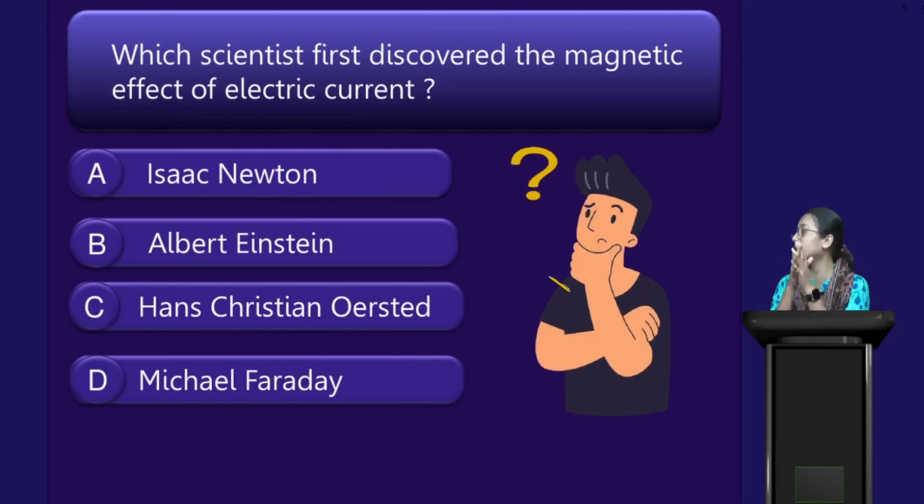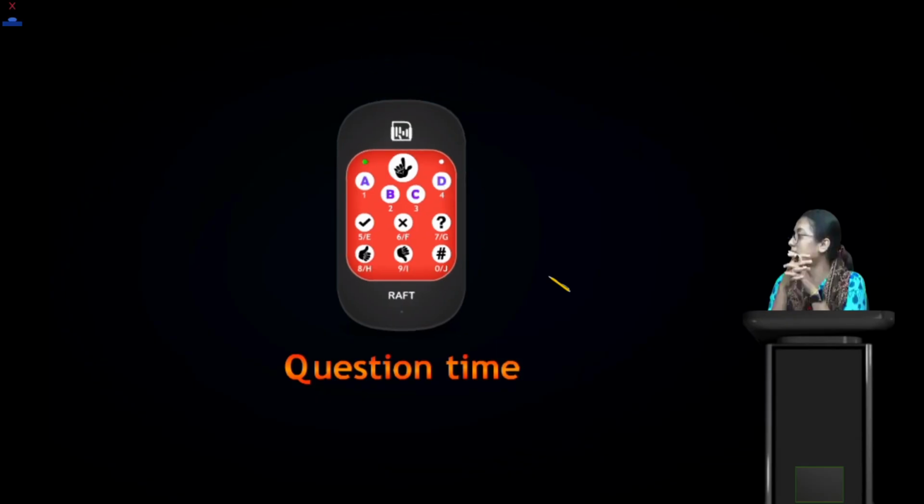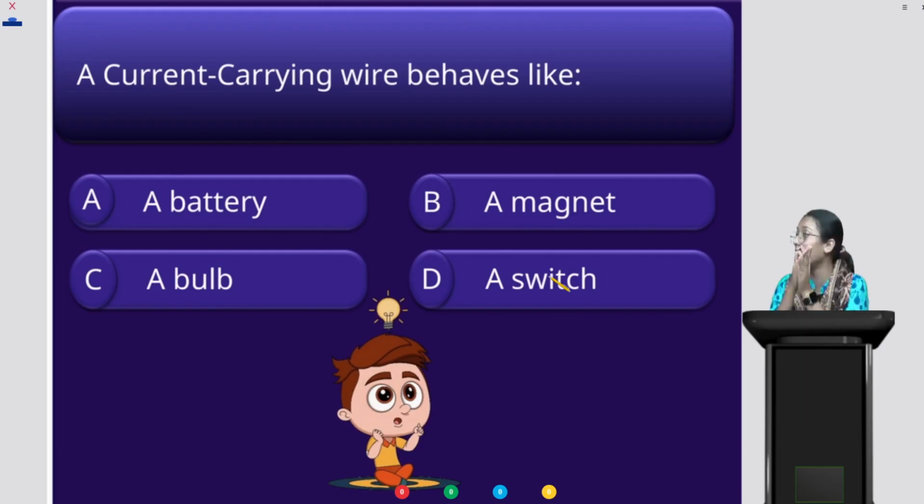And let's see what the next question is. A current carrying wire behaves like what? There are four options. Option A, a battery, option B, a magnet, option C, a bulb, or option D, a switch.